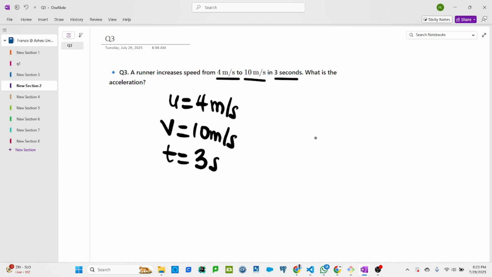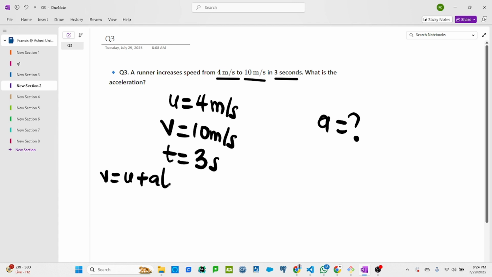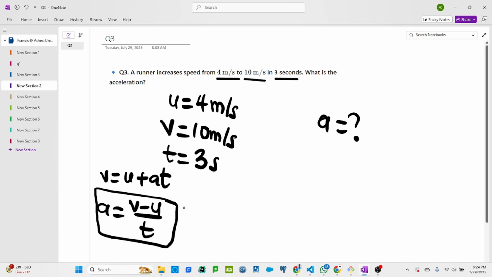So now they are looking for the acceleration, a. You have a lot of equations in your hands that you can use. So we have v is equal to u plus at. We can also use the external equation, which is a is equal to v minus u all over t. This is the same as the first, just that a is the subject this time.